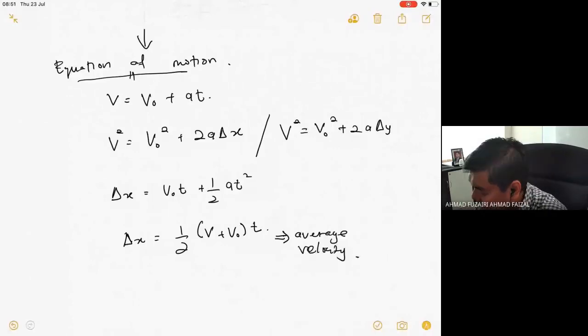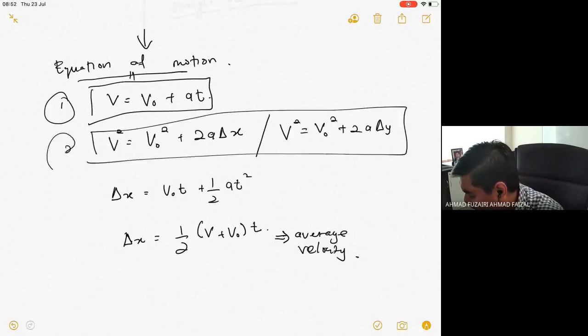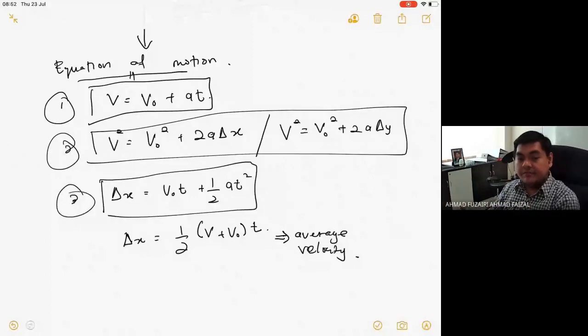I call these equation number one, number two, and number three. What is the importance of these three equations? We can get either displacement, velocity, acceleration, or time, in order to understand the concepts of motion.